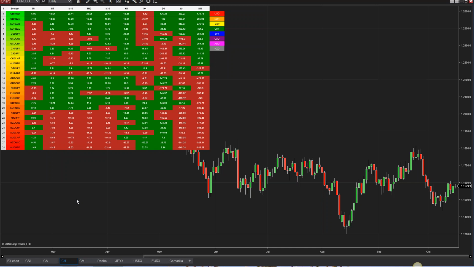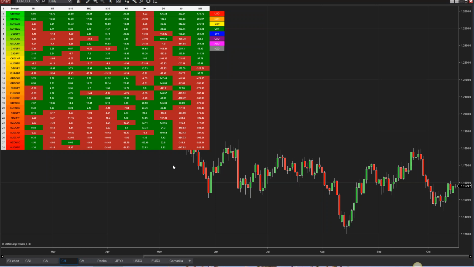Because if you think about it logically, a bullish sentiment, as we have here on the 1 minute time frame for the Aussie dollar, for example, should not carry as much weight as an hourly or a 4 hour or a daily or a weekly or a monthly.